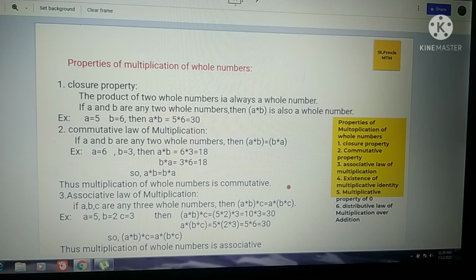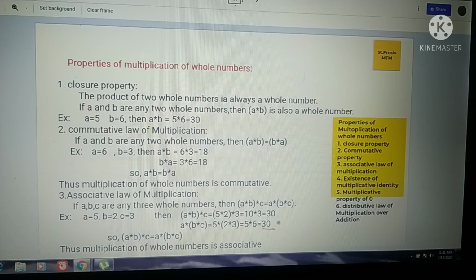This also we will see with one example here. a equal to 5, b equal to 2, c equal to 3. Then a into b into c equal to, first a into b, 5 into 2 into 3. So what you get here? 30. Now interchange the brackets here. First I will do the multiplication of b into c. So 2 into 3 I have done here, and after that I am going to multiply with a, that is 5. 5 into 6.